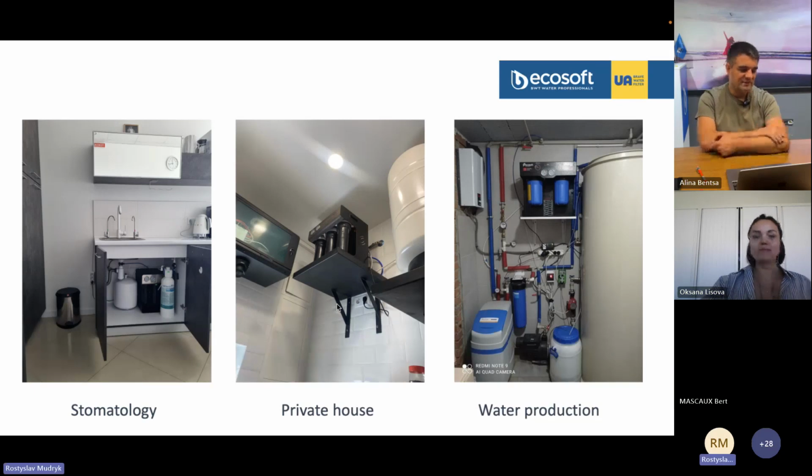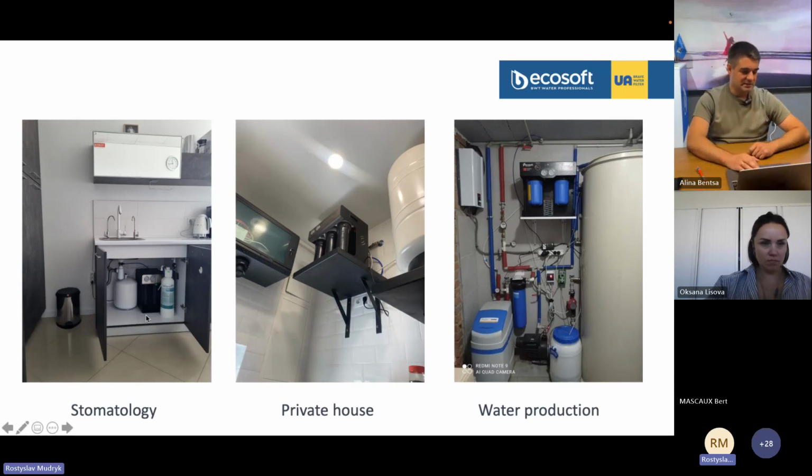So let's start with the dental practices. This is one of the applications where Robust may be used, not as the only product, but in combination with the mixed bed cartridge afterwards. This is one of the dental practices in Ukraine, and this is the solution we made for them. This is the Robust 1500 connected to the tap water supply with a TDS of around 300, 400 ppm.